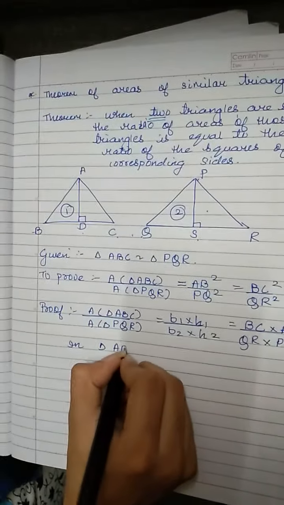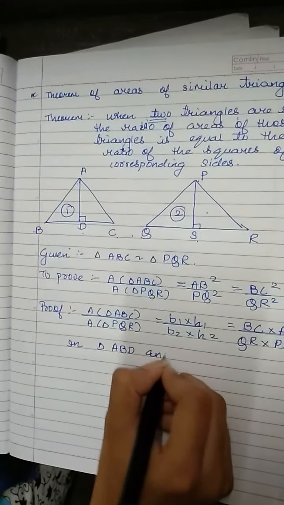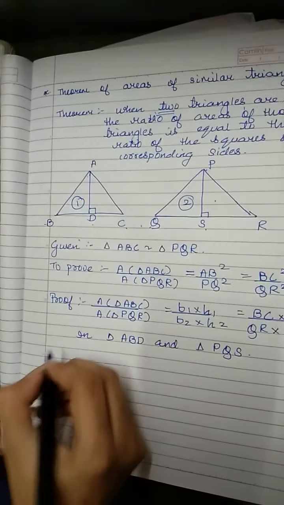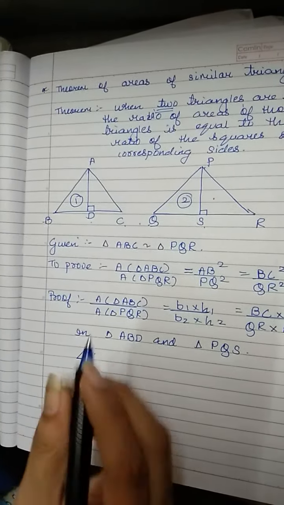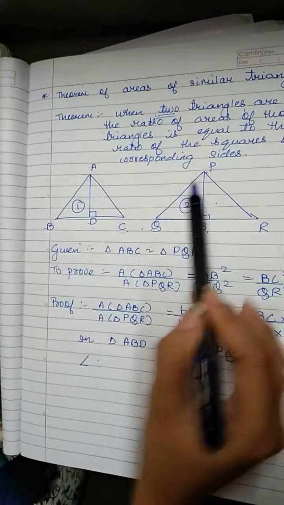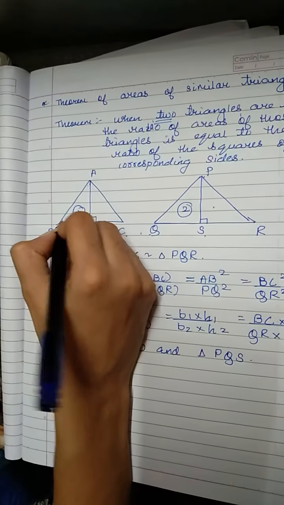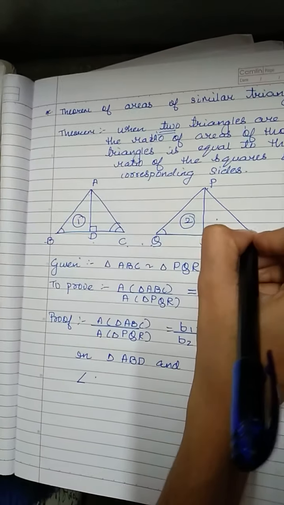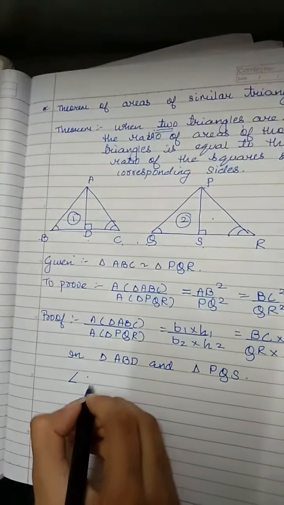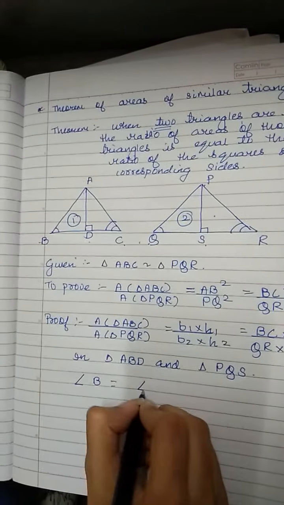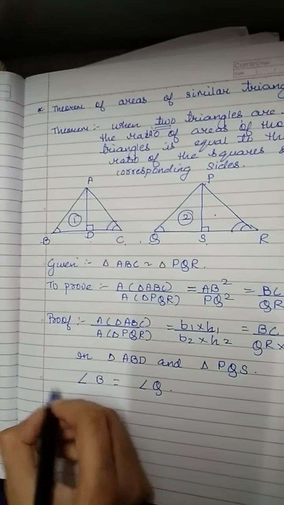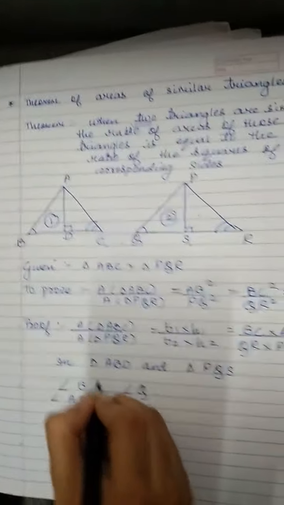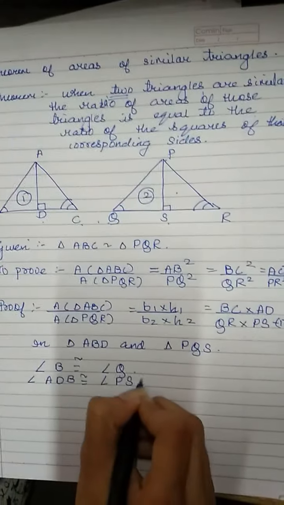Now we'll consider two triangles, that is triangle ABD, and second triangle is triangle PQS. In triangle ABD and triangle PQS, since ABC is similar to PQR, angle B is congruent to angle Q. Angle C is congruent to angle R. So angle B is congruent to angle Q. Angle ADB is congruent to angle PSQ.